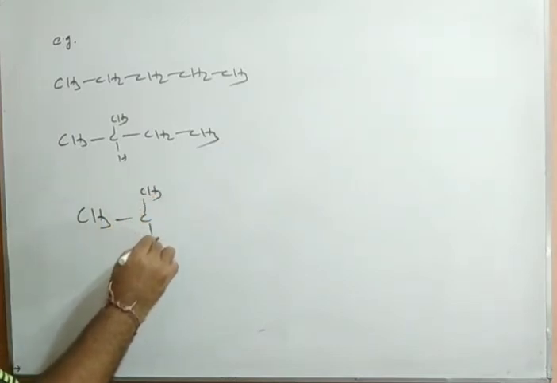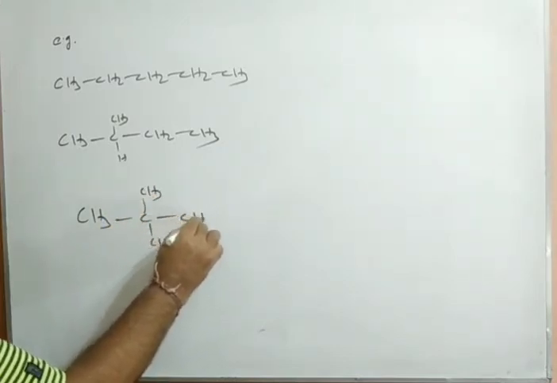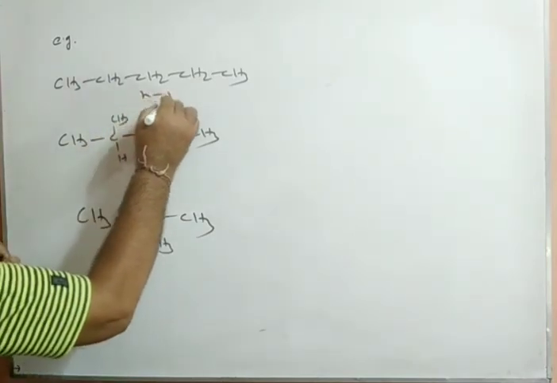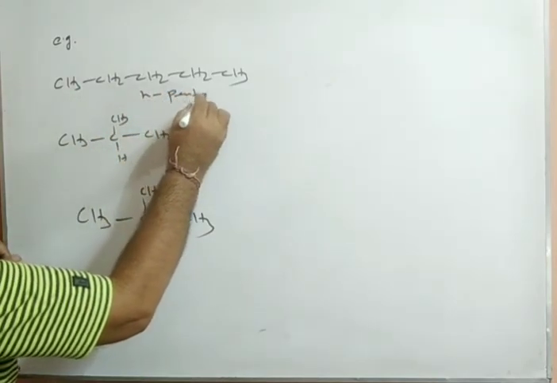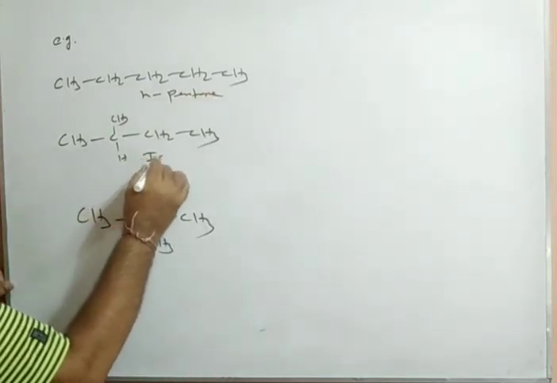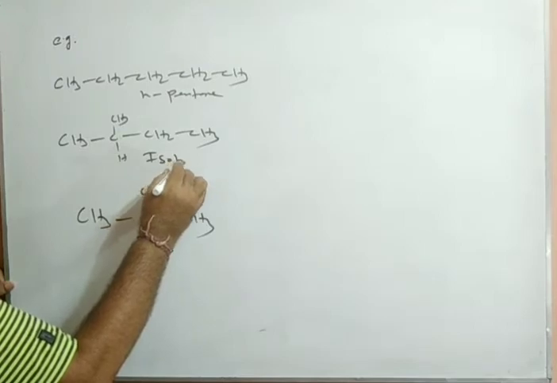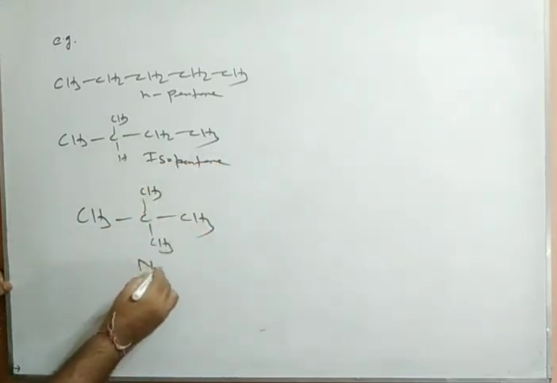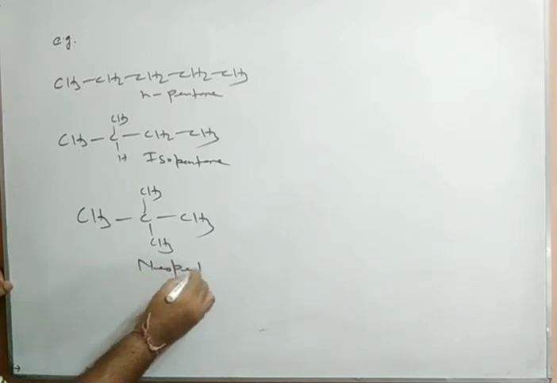And CH3, CH3, CH3, CH3. This is called normal pentane, n-pentane. This is said to be what? Isopentane. And this one is called what? Neopentane.